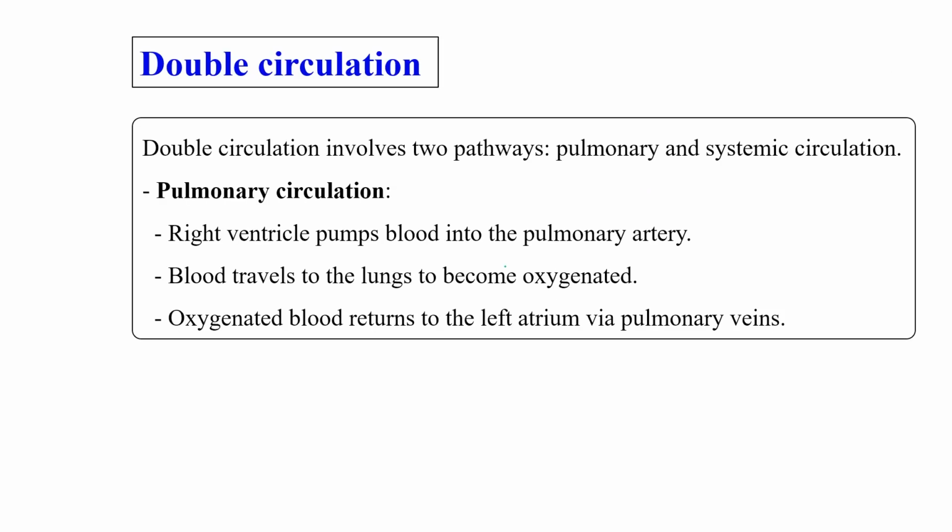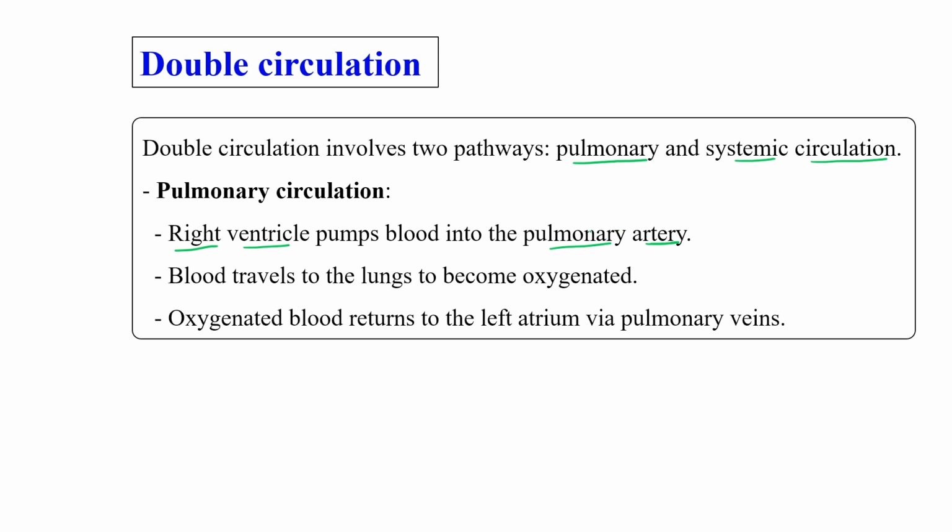Okay. Now, what is double circulation? Double circulation includes two different pathways: the pulmonary pathway and the systemic circulatory pathway. In the pulmonary circulation, the right ventricle pumps blood into the pulmonary artery.